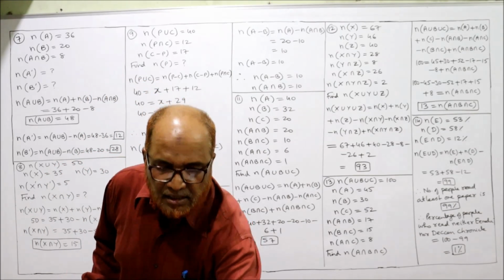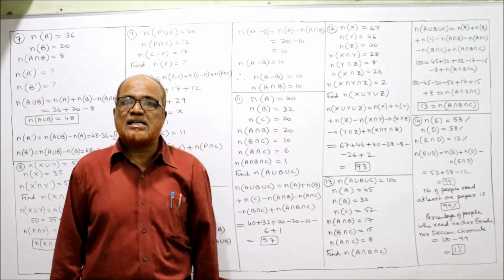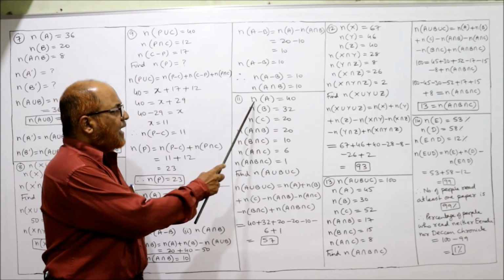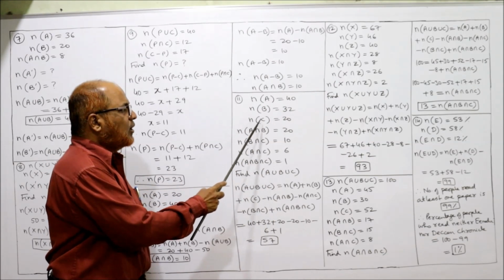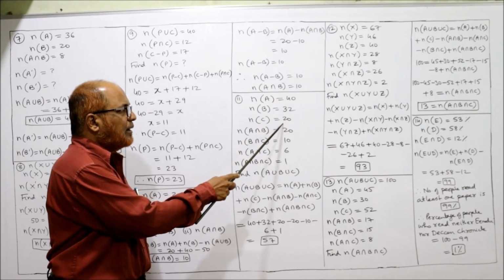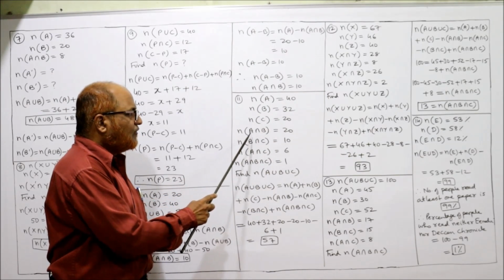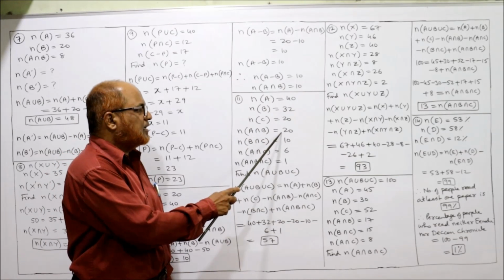The only difference is previously we were having 2 sets. Now we are having 3 sets. Now carefully, you have to remember the formula logically. N of A is given 40, N of B is given 32, N of C is given 20. These are the number of elements in A set, B set, C set. N of A intersection B, the common elements between A and B, 20.